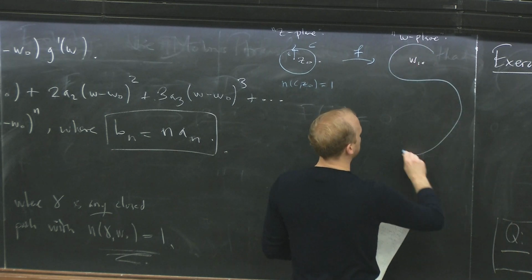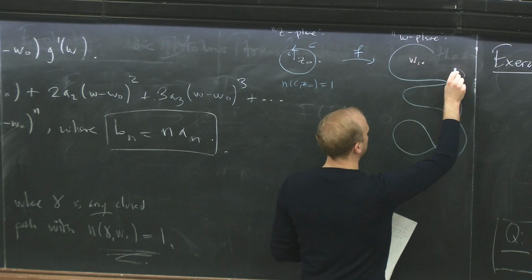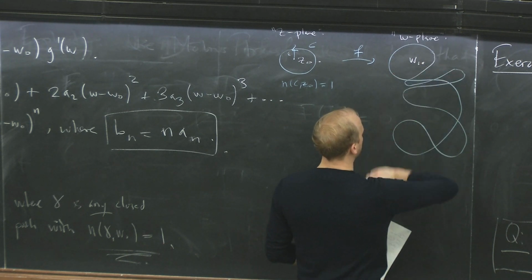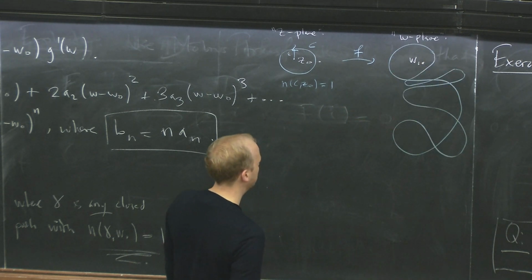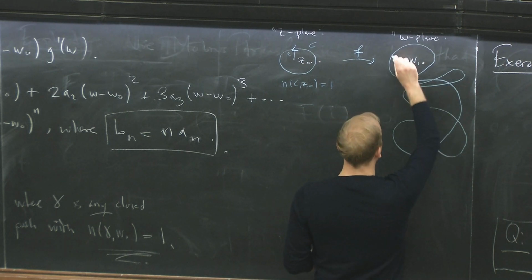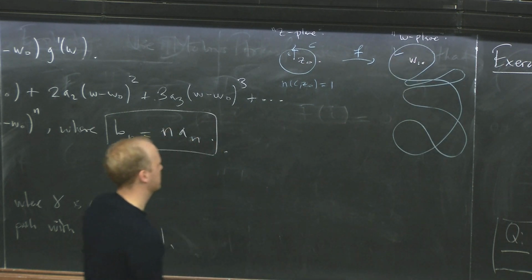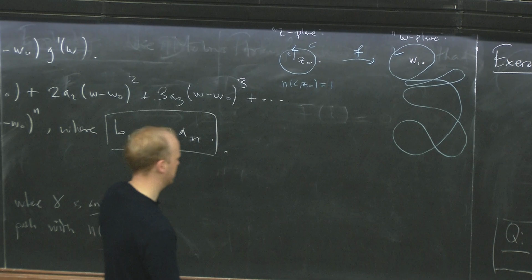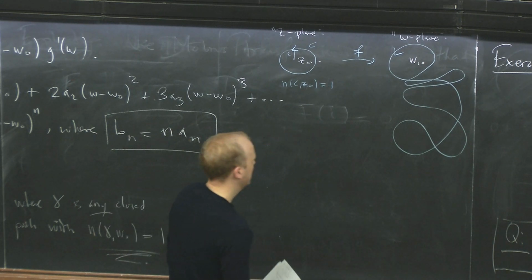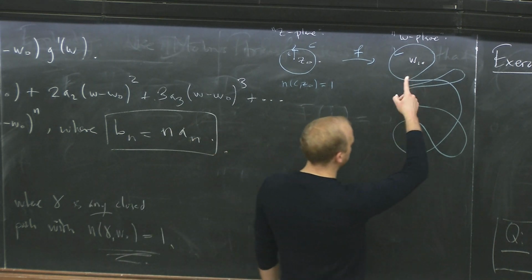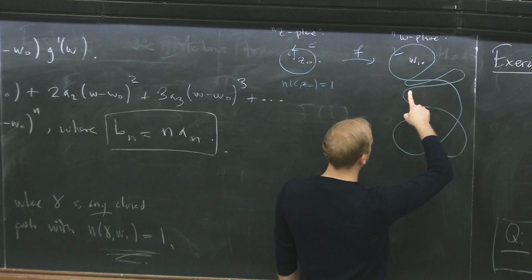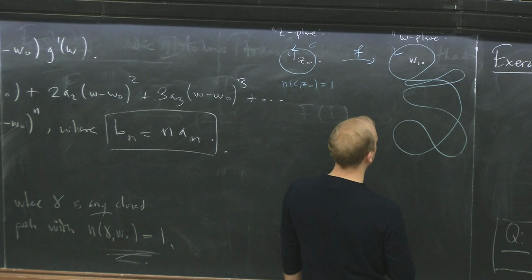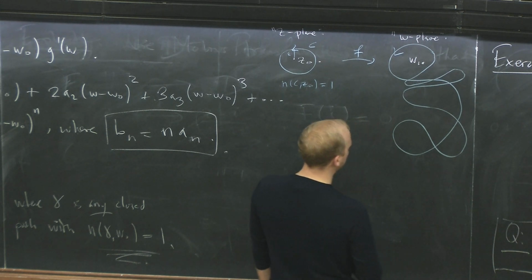So it could really do something maybe like this, okay? Just to illustrate that it could have a very complicated behavior. But then the question is, in this picture, I claim that the winding number of this curve around W0, well, what would it be?